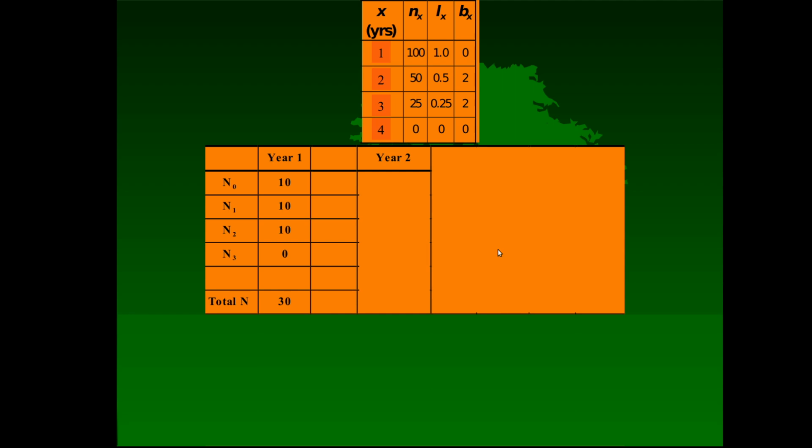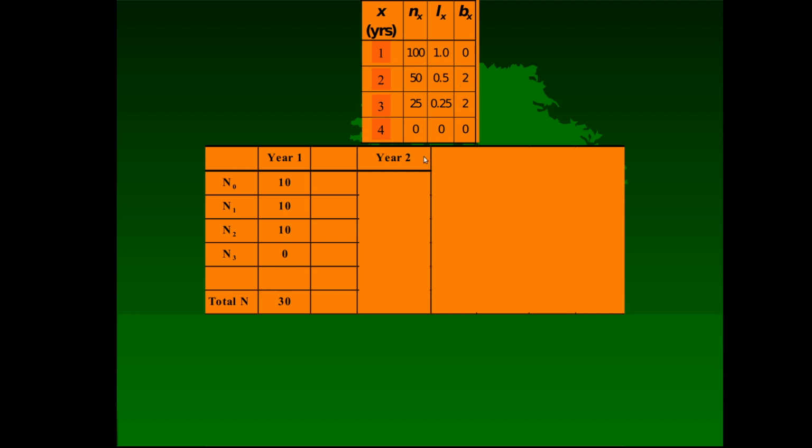Well, first let's calculate how many individuals of age 0, I mean the lowest age group right here, will be in the population next year. The only way for individuals in this group to be produced is by those of these ages right here. These females are the only ages that produce offspring.